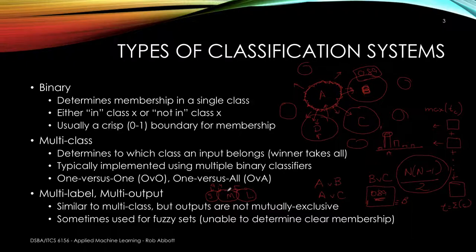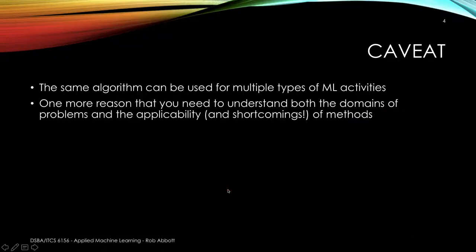So there's a lot of different nuances to how we can use classification systems when we're building models. So there's caveats that we need to look at. The first one is the same algorithm can be used for multiple different types of machine learning activities. So you can't, like I said, put together a truth table of, for this type of a classification problem with these types of inputs, I always use this algorithm.